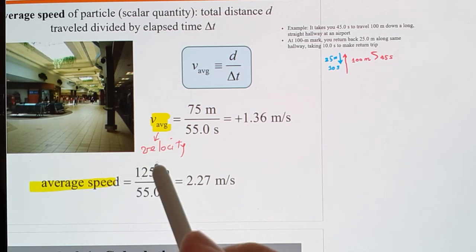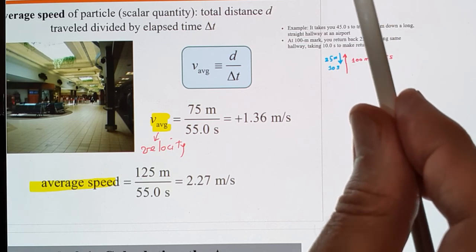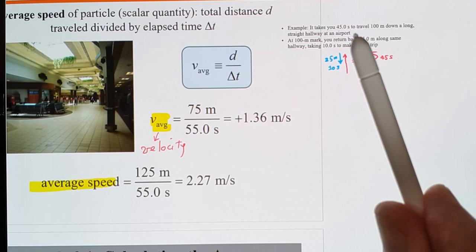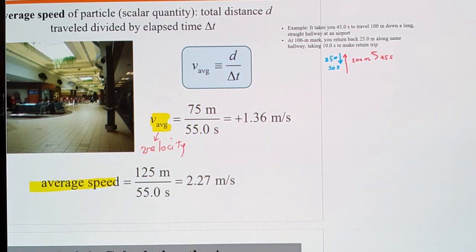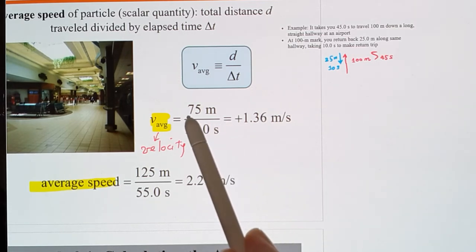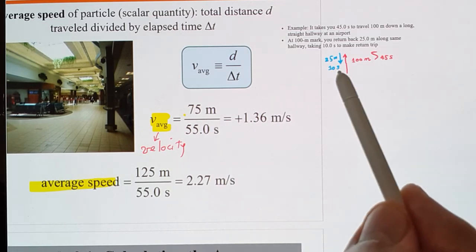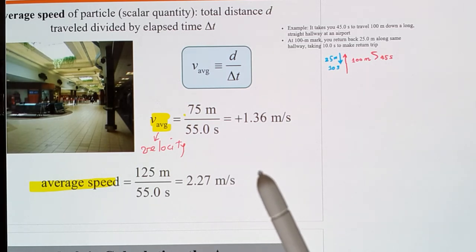For average velocity, you went 100 and then came back 25. So what's the displacement? 75. What's the total time? 45 plus 10, that's 55. So average velocity is 75 divided by 55.